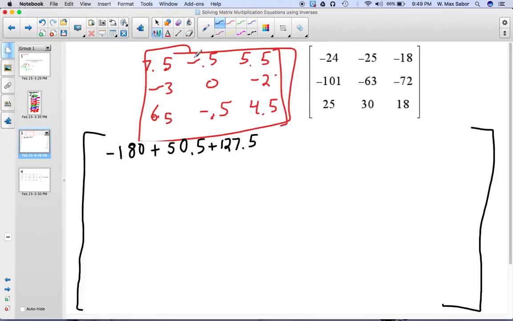The next entry is going to be the first row times the second column. So that is negative 187.5. Negative 0.5 times negative 63. This is where a calculator is good. 31.5. 5.5 times 30 is 165.